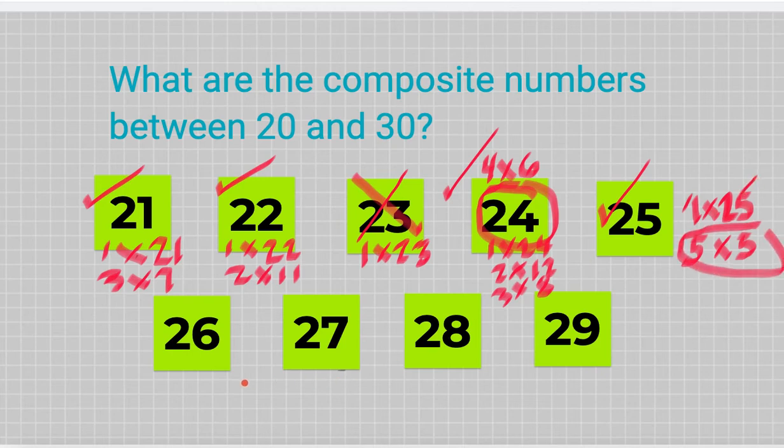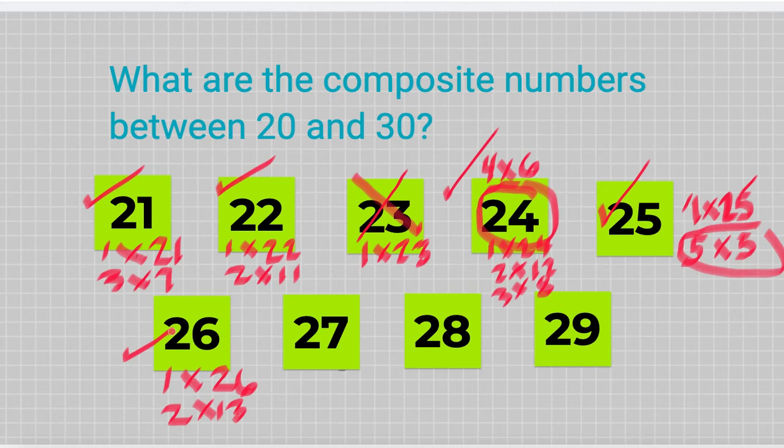Okay, how about number 26? Is it a composite? Yes, it's a composite because 1 times 26 and 2 times 13. So therefore, 26 is a composite number. How about number 27? Some of the students are confused whether 27 is a composite or prime.